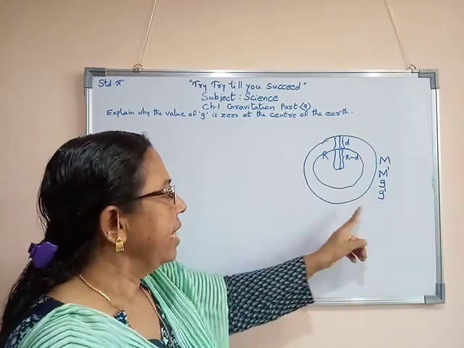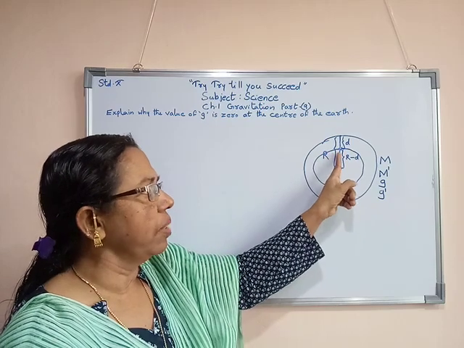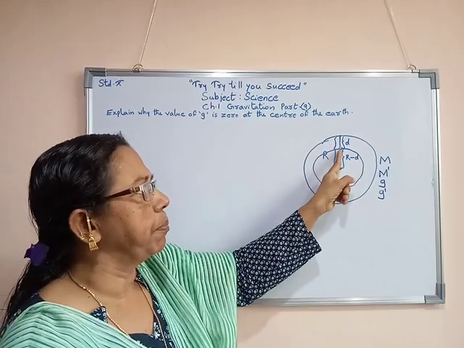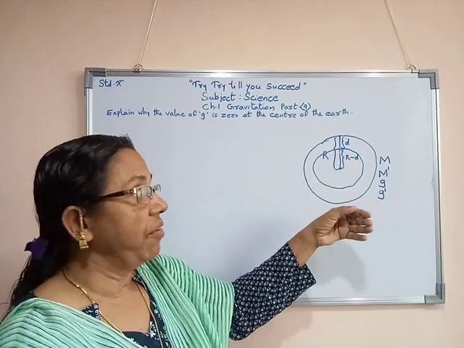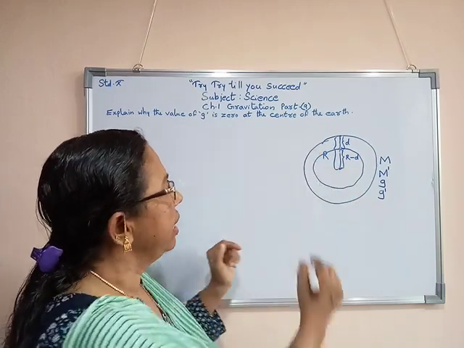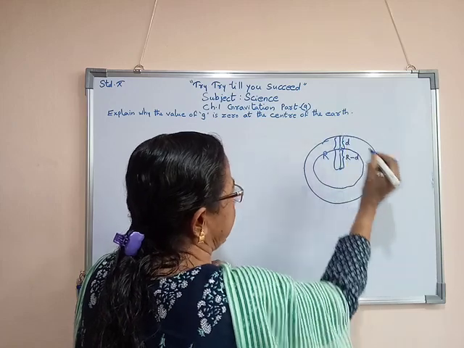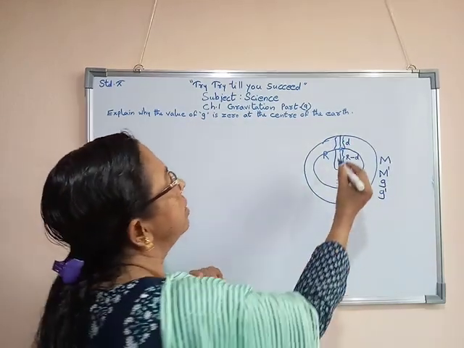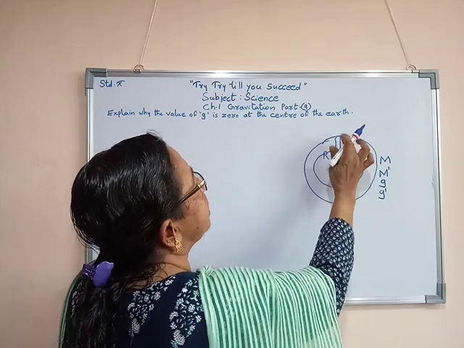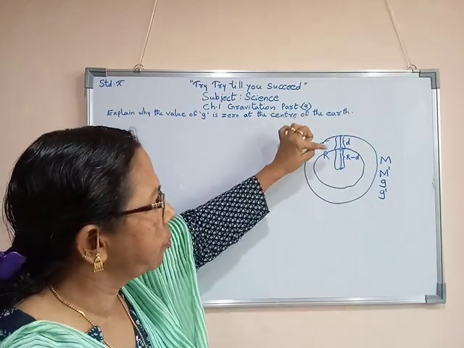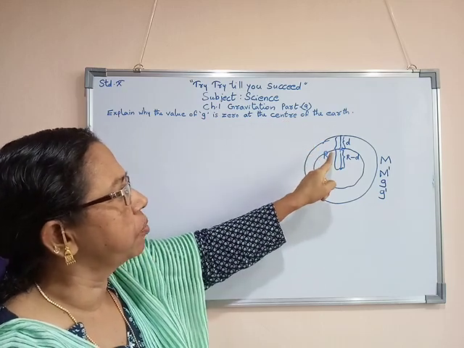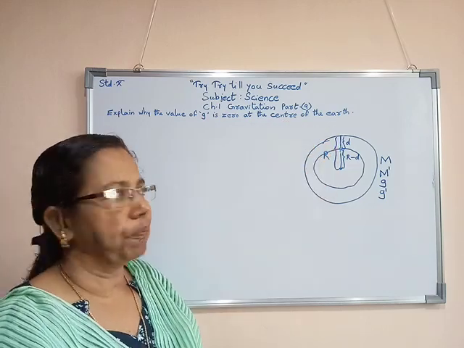So gravitational force acting on the body is G dash. G dash means at the depth d. But gravitational force acting on the body, if it is on the surface of the earth, that is small g. Now the position of the object, deep inside the earth, is small d.